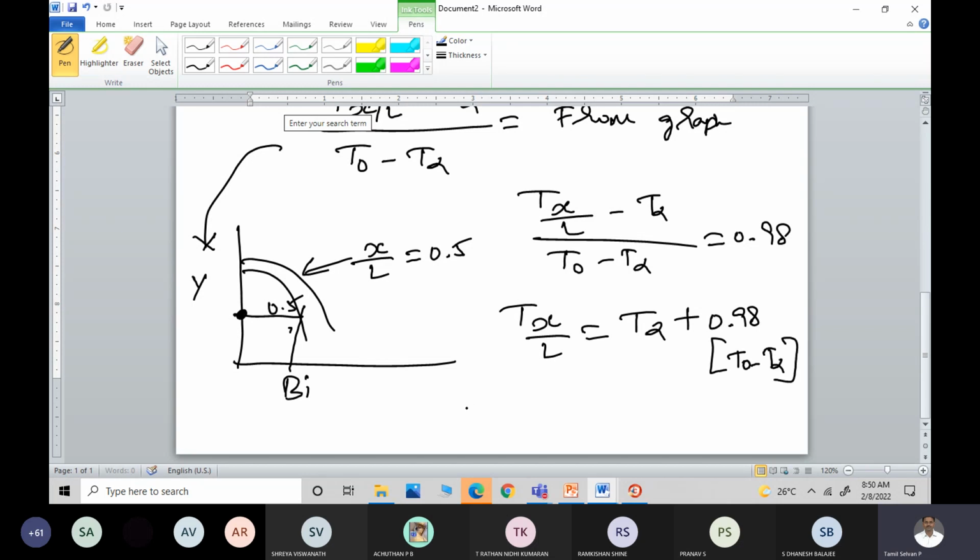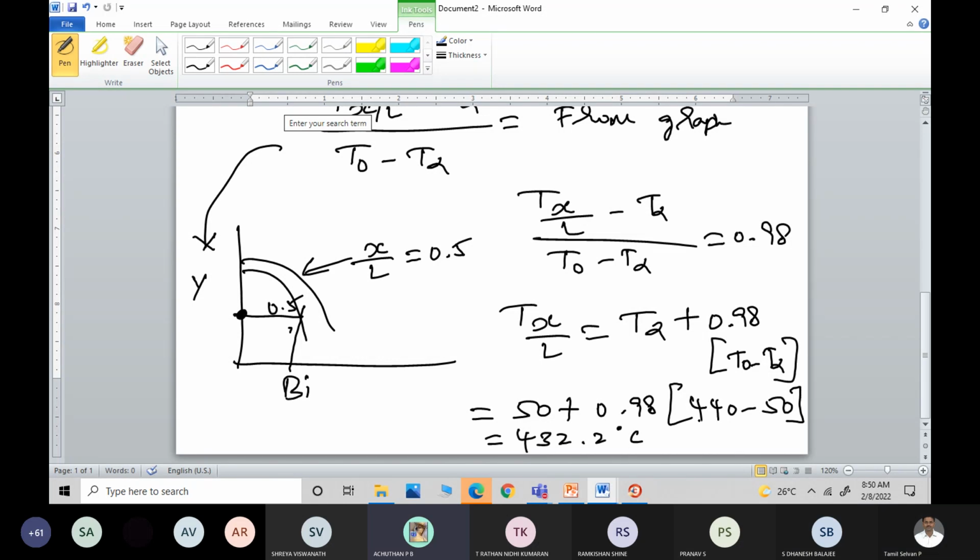How much does it come to? T infinity is 50 degrees. 0.98 into (440 minus 50) gives 432.2.